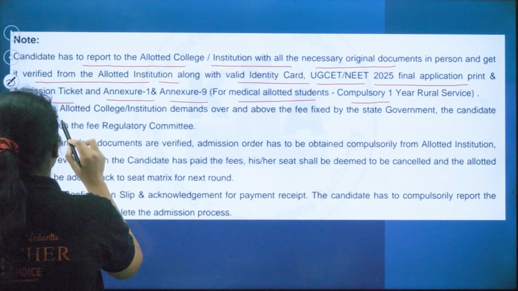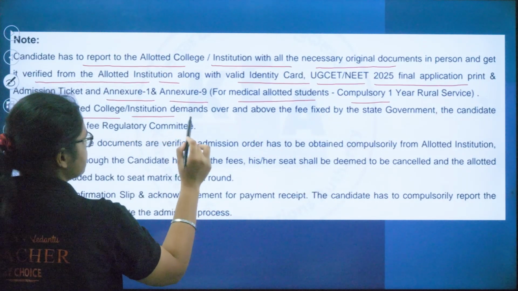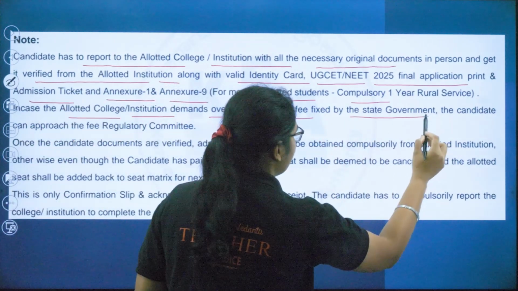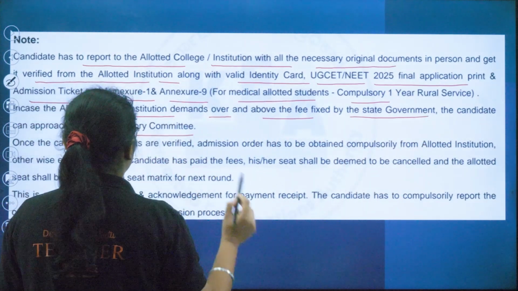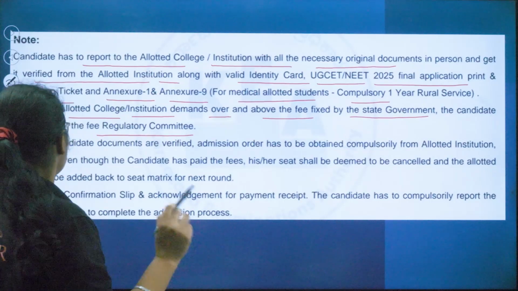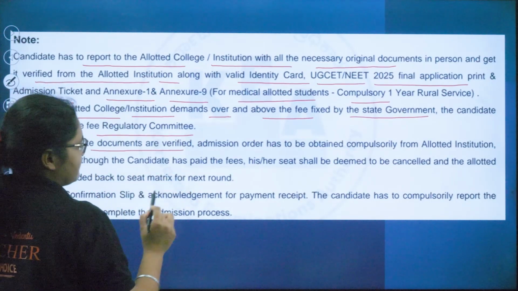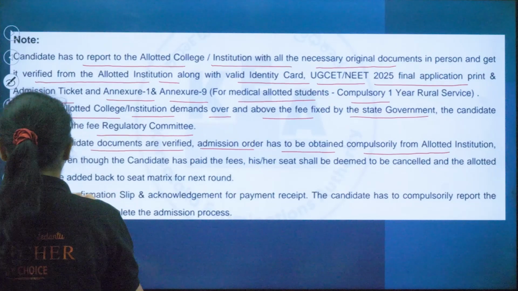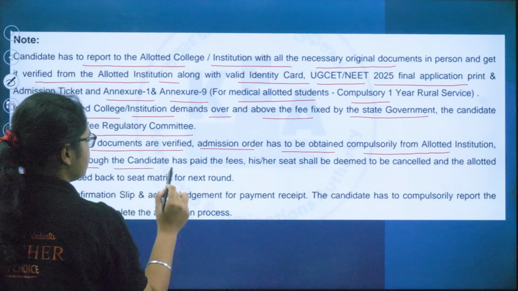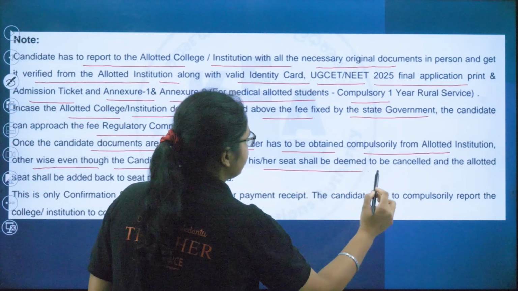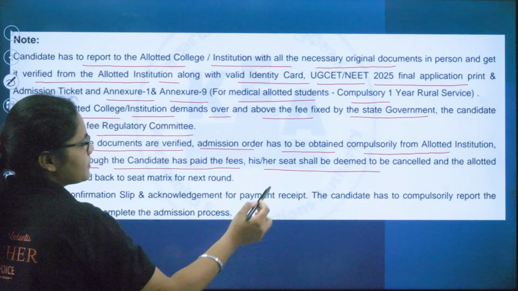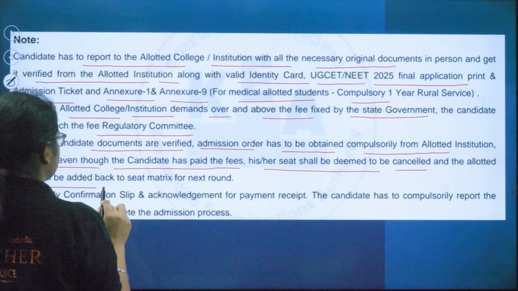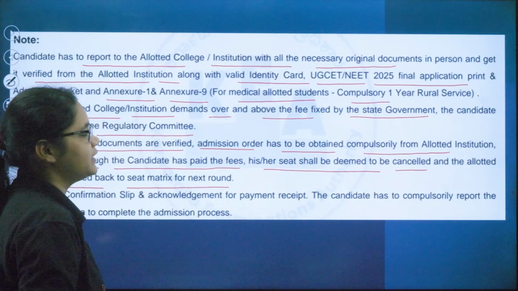In case the allotted college demands fees over and above the fee fixed by the state government, the candidate can approach the regulatory committee. Once the documents are verified, the admission order has to be obtained compulsorily from the allotted institution. Otherwise, even though the candidate has paid the fees, his or her seat shall be deemed cancelled and added back to the seat matrix for the next round.